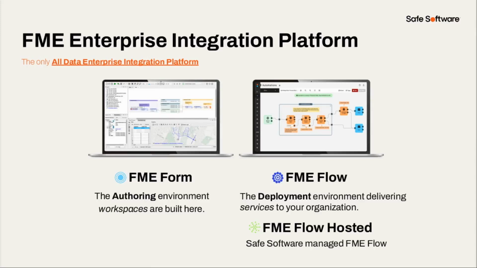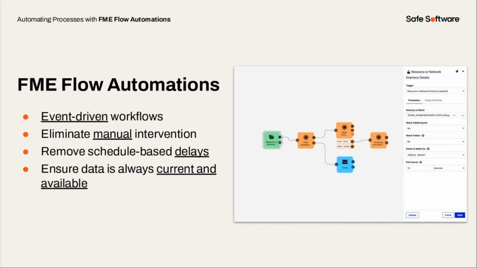There's also a Flow hosted option where we host FME Flow for you if you're interested in that. Today, we're really going to be talking about FME Flow, and the central piece of that is automations, which allows you to respond to those triggers, orchestrate jobs, and also push things out to other sources or back to the client.